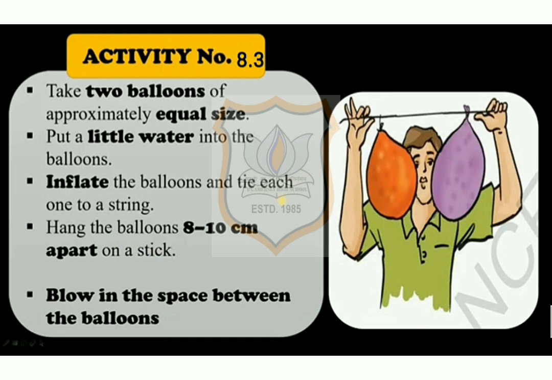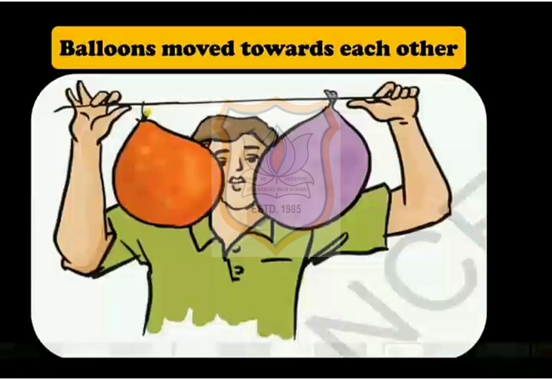Now blow in the space between the balloons. You will observe that on blowing in the space between them, the balloons move towards each other. In other words, they come closer to each other.